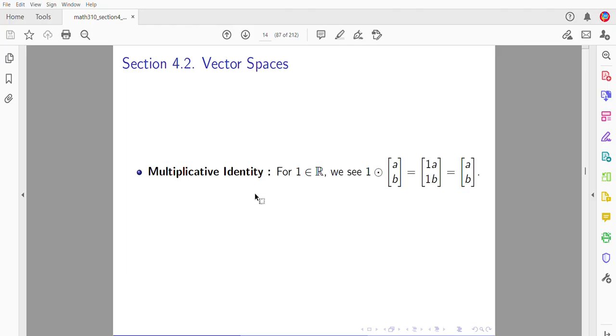So these four conditions are in addition to the closure. So you need first closure and then 4 properties of vector addition and 4 properties of scalar multiplication to get a vector space. So in all 10 things, closure for each, then 4 additional properties. In all 10 properties we have to check, and we did check.